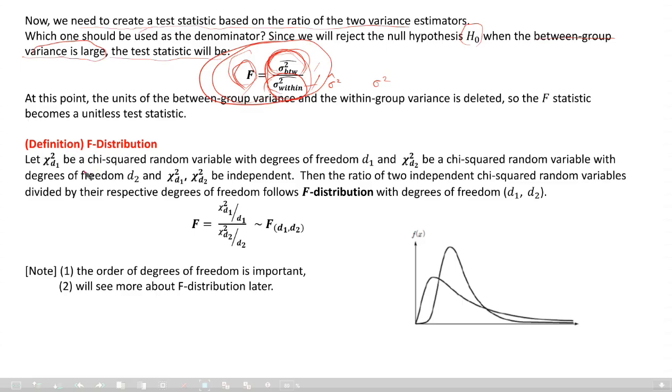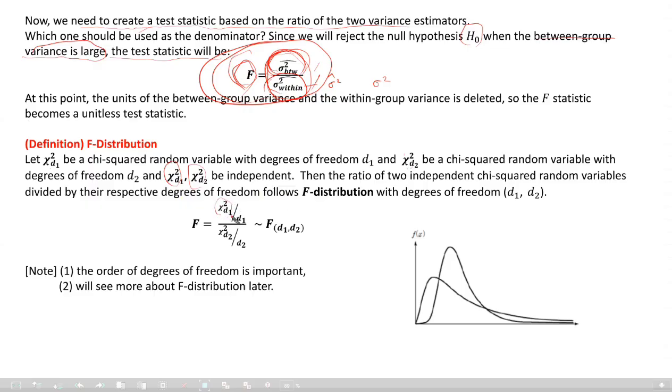Definition, F distribution. Chi-square distribution with degrees of freedom D1, and chi-square distribution with degrees of freedom D2, and these two chi-square random variables are independent. Then the ratio of two independent chi-squared random variables, each divided by its respective degrees of freedom, follows an F distribution. Complicated, right?